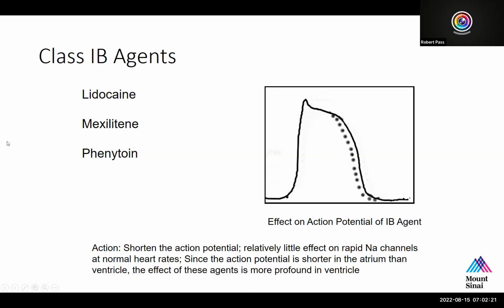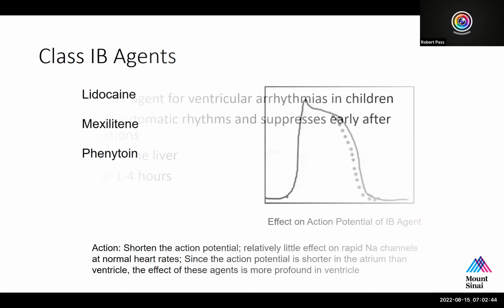They have relatively little effect on rapid sodium channels at normal heart rates. Generally speaking, the action potential is larger in the ventricle than the atrium, and so the effect is more profound in the ventricle, but it can have effect. These agents can affect the atrium as well as the ventricle, but mostly they're used for ventricular problems.